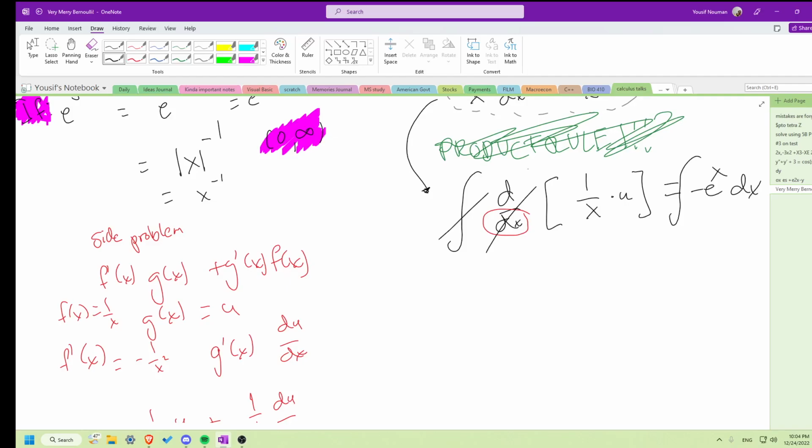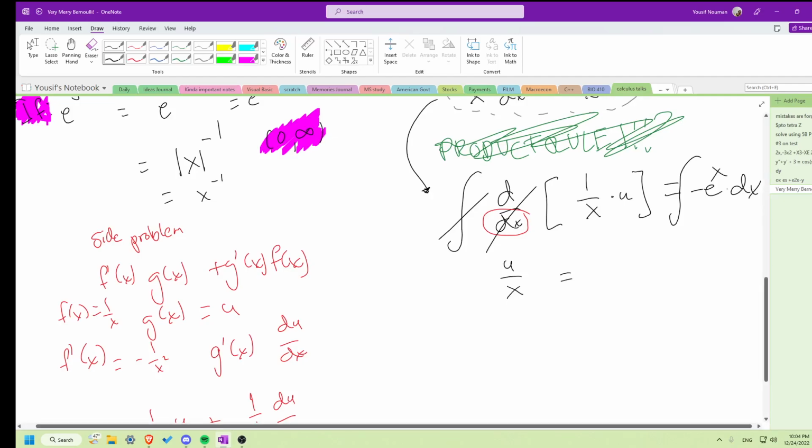So those two cancel out, and we get u over x, quite simply. And the integral of an exponential is the same thing, so it's negative e to the x plus c. We need a c this time around.